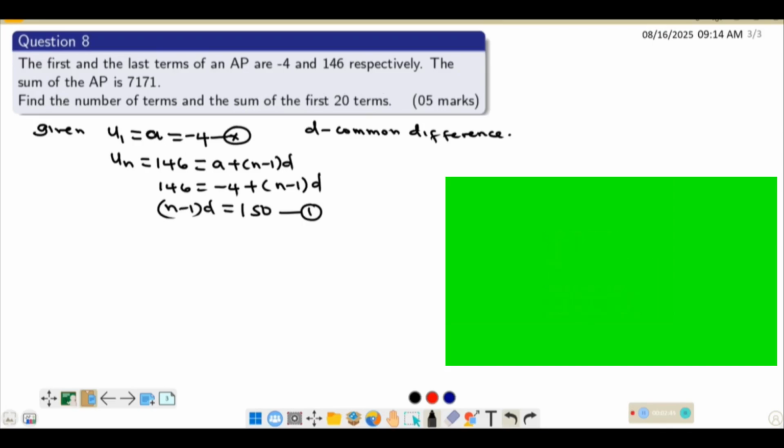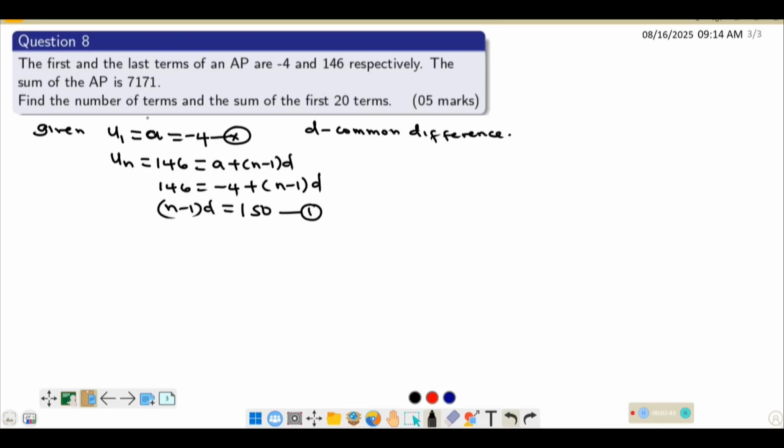We are told the sum of the AP is 7171. That is the sum of n terms. But how do we obtain the sum of n terms? It is obtained as n over 2 into 2a plus n minus 1 into d, and this sum must be equal to 7171.